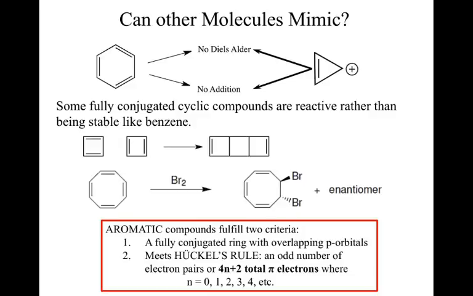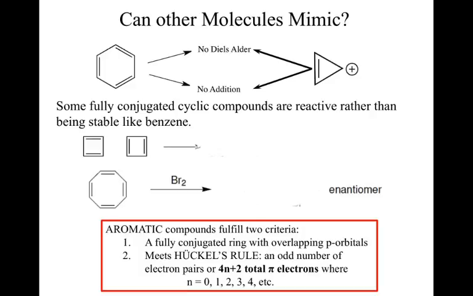We must have a fully conjugated ring with overlapping p orbitals. Well, every example on this screen, except for those products, so we can temporarily erase those, satisfies those rules. The next part is it must meet what's known as Huckel's rule. We have to have an odd number of electron pairs.